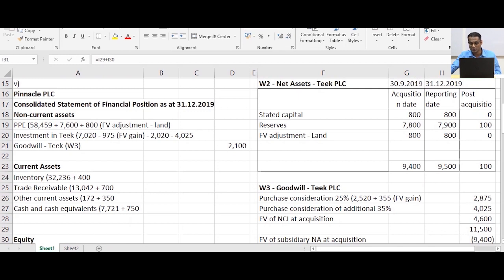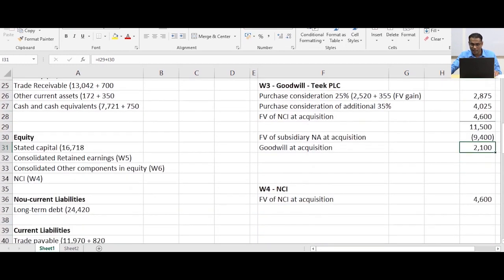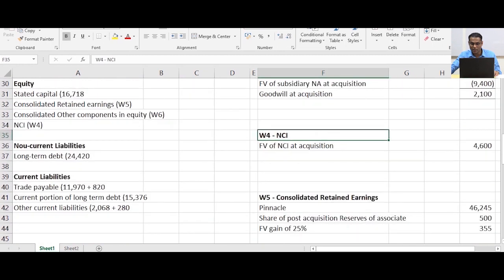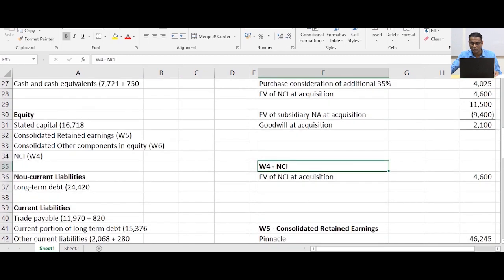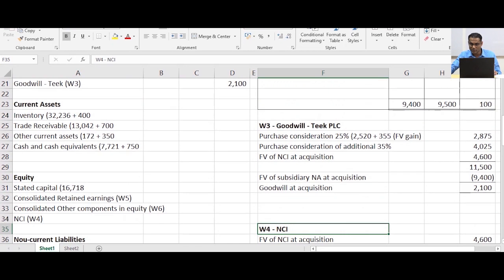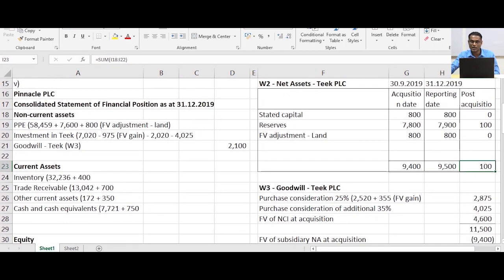The next thing is, I can now complete my non-controlling interest and retained earnings workings. For the post acquisition profit, the acquisition date fair value of the net assets was 9,400, and the reporting date net asset value of the subsidiary is 9,500. So the increase in the net assets is 100. Out of this post acquisition net asset increase of the subsidiary, 60% belongs to the parent company and 40% belongs to whom?